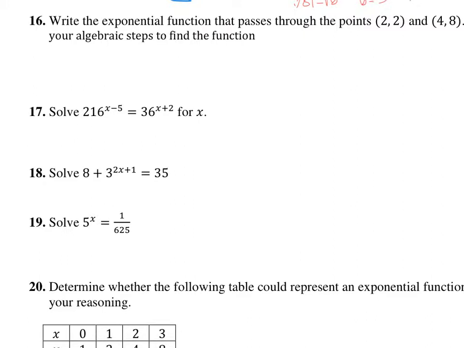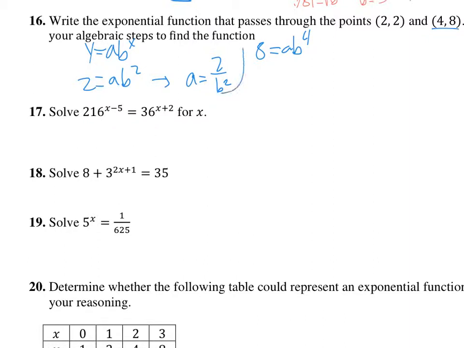Well, if we plug in 2, 2, we get y equals a b to the x. So we have 2 equals a b to the 2. We could solve this for a, and that gives us a is 2 over b squared. Then we can plug in this other point here, and we know that y is 8 when x is 4.